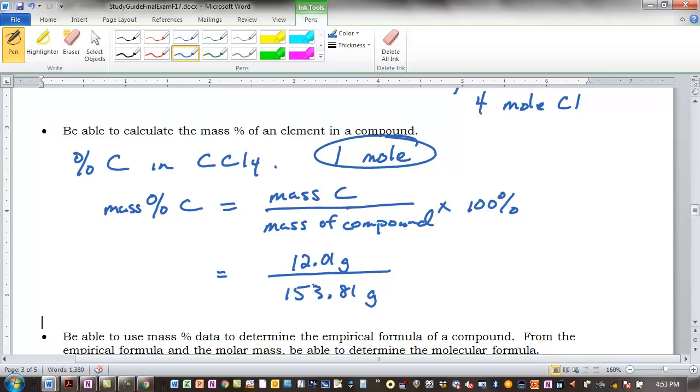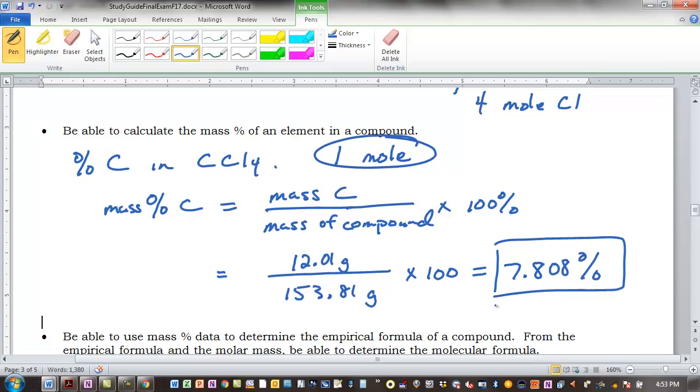And assuming 1 mole of compound is the easy assumption here, multiply that by 100. And I get about 7.808%, and I guess we have at least 4 sig figs.